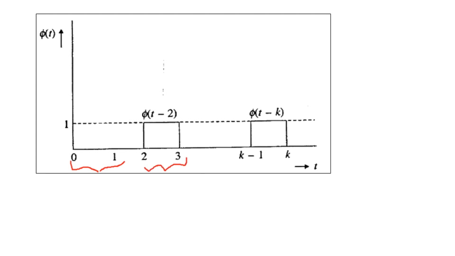So what was simply phi of t earlier is now represented as phi of t minus 2 here. So in general, if we have the amplitude level 1 from k minus 1 to k, we can represent it as phi of t minus k. These corresponding representations we can call the translated versions of the Haar scaling function here.